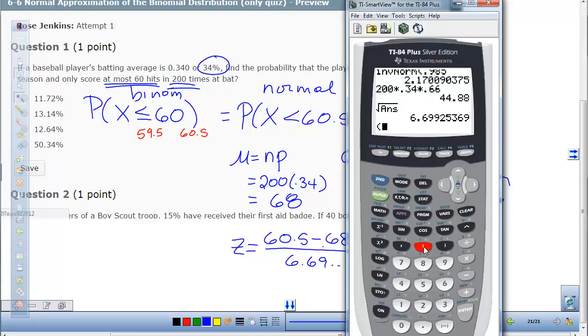So we get 60.5 minus 68 divided by that standard deviation. I'm just going to use second and this negative key to pop in that previous answer, and I get negative 9.04.